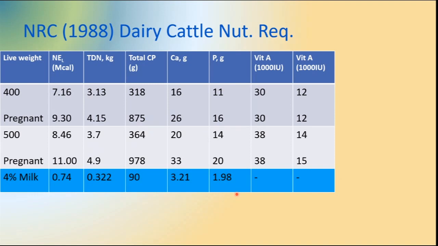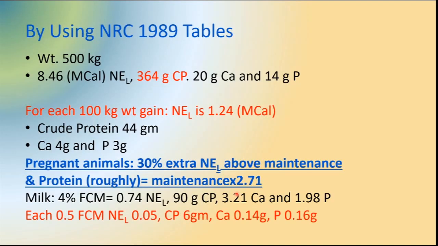I have taken these values from this table. So just remember, if you memorize these values for a 500 kg animal and the 4% fat corrected milk values, then you can calculate for any body weight and any butter fat content of milk easily, rather than memorizing the other values.